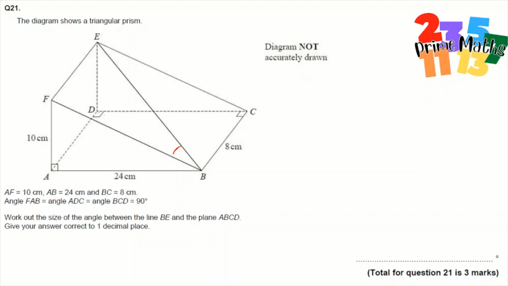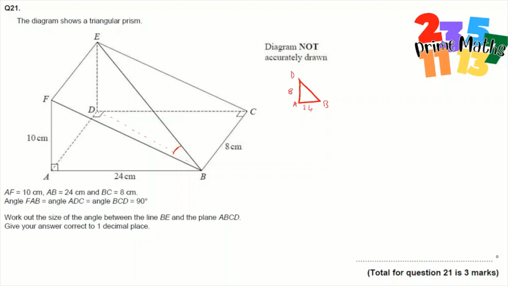We can first work out the length from B to D. We can use Pythagoras to do this, as we know that A to B is a length of 24, and we know that B to D is a length of 8.